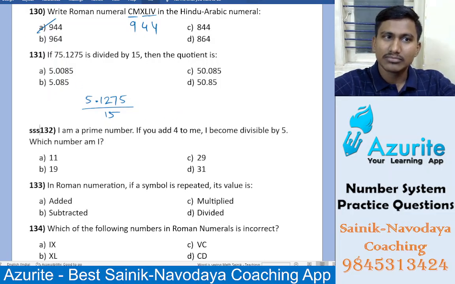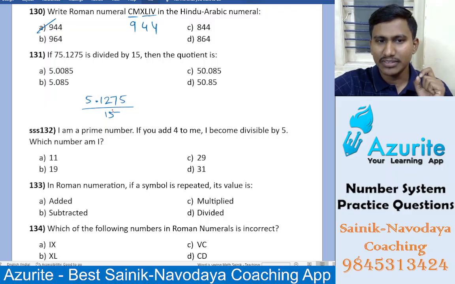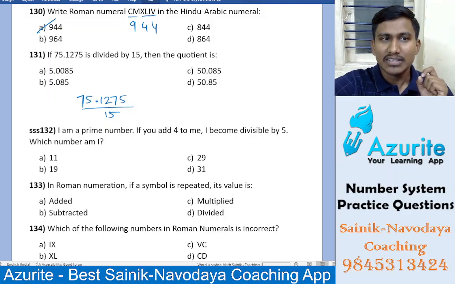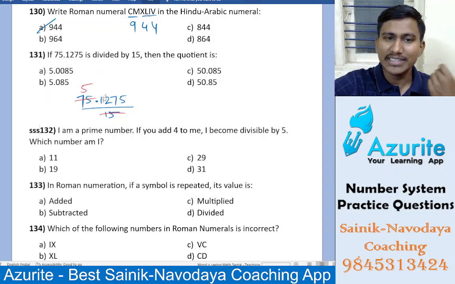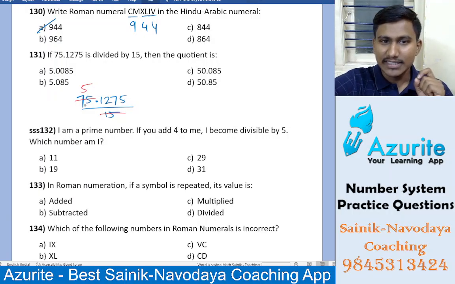So now let's divide it. You should remember the 15 table directly, right? So it is 75 in the starting. So 15 5s are how much? 75. So 15 5s are 75 here, and after that what will come? The point is there, so take the point here as it is.